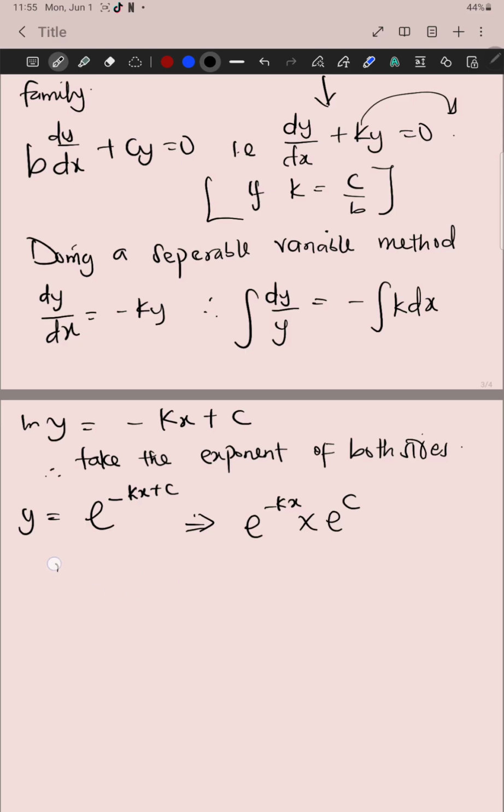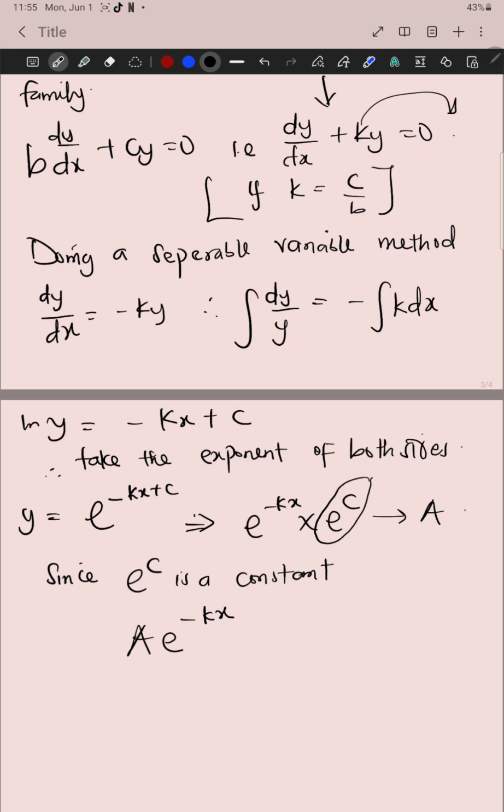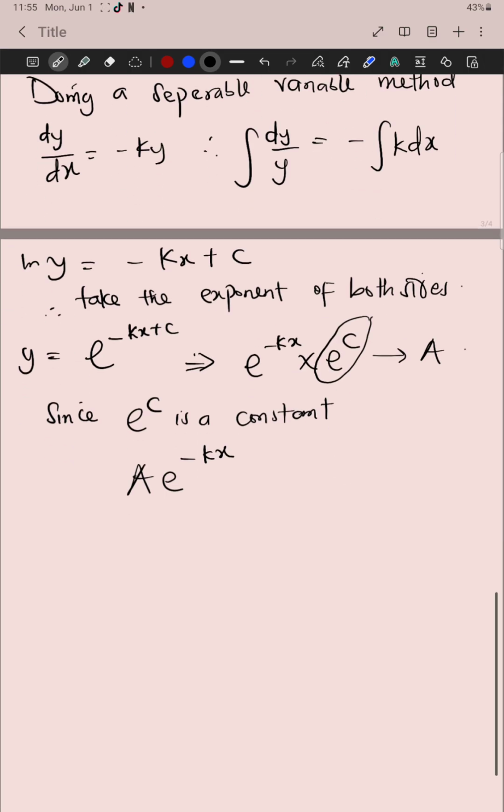Since e to the power of c is a constant, you can take it as a constant a. So we have a e to the negative kx. That means our y is a e to the negative kx.